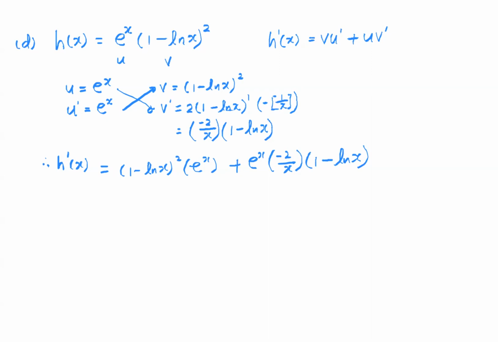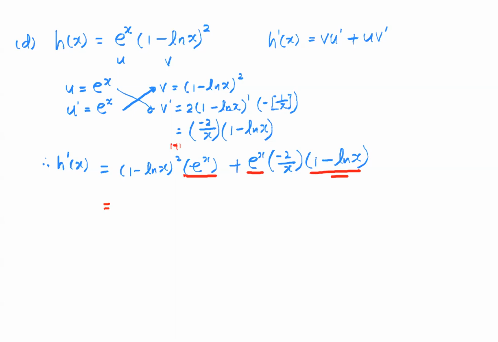If the question didn't say, then it's your responsibility to take out the common factor. There is one common factor here, another common factor here. Power 2 means 1 plus 1. Clear? So I will take out all the common factors.